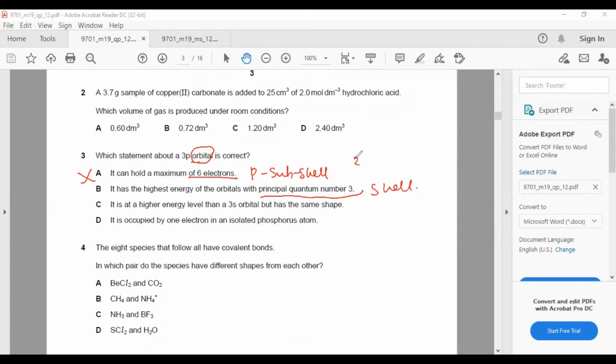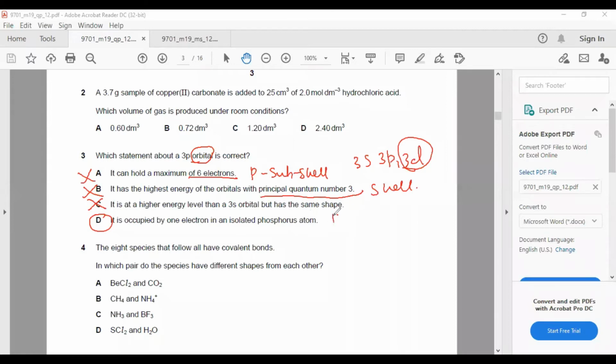In the third shell, you have 3s, 3p, and 3d. 3d has the highest energy. B is wrong. It has a higher energy level than the 3s orbital, but has the same shape. Wrong. 3p and 3s do not have the same shape. D is the answer. It is occupied by 1 electron in an isolated phosphorus atom.